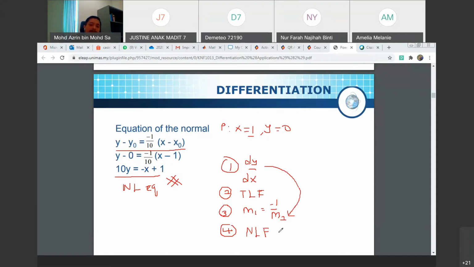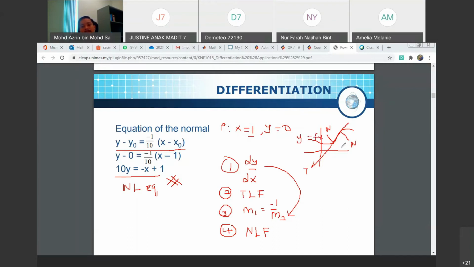Okay, so this is when we want to find, let's say in the graph, there is some equation, some line or curve like that. So you want to find the normal or tangent line. So this one will be normal, and this one is tangent. This is the curve, y equal to f(x).